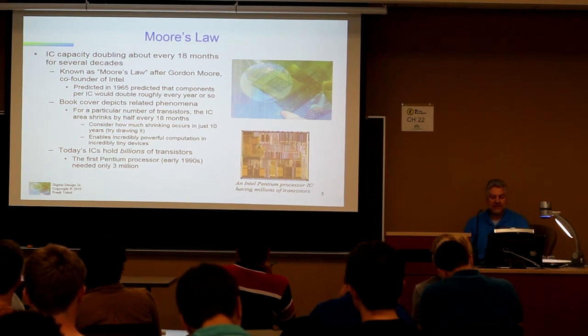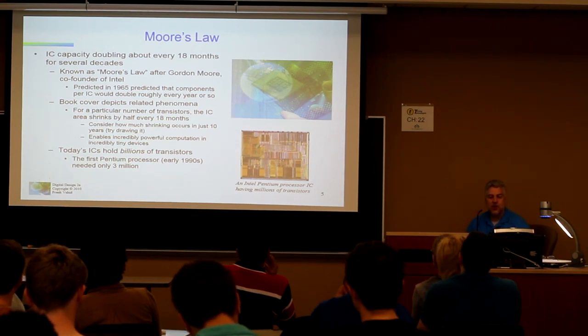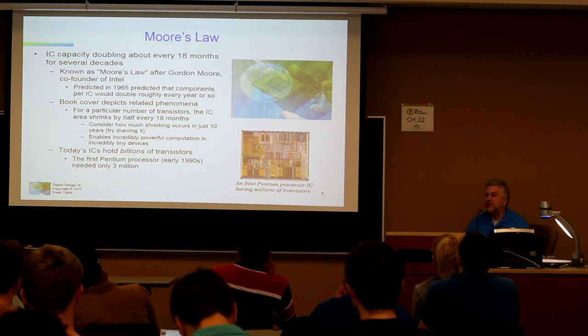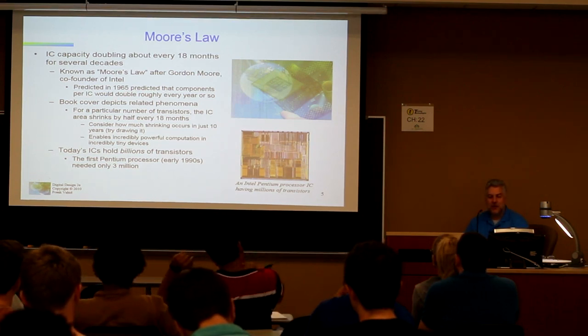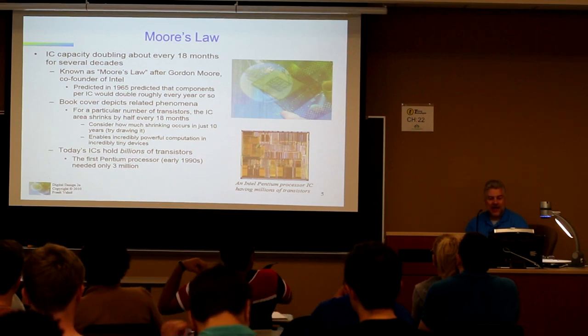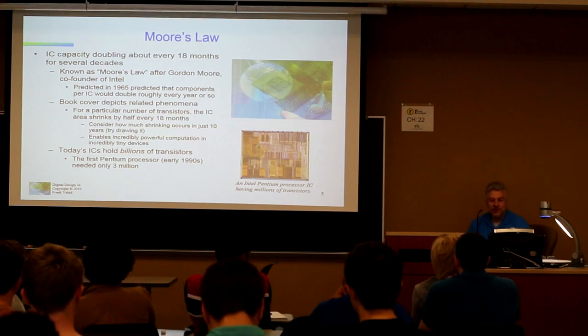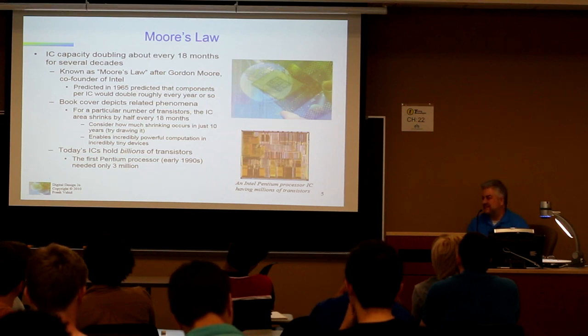At least this is something you should understand about history. There's a gentleman by the name of Gordon Moore, who was one of the co-founders of Intel, and he came up with an observation, is the best way to put it, which became what we call Moore's Law. His observation was that every component per IC would double, roughly every 18 months.